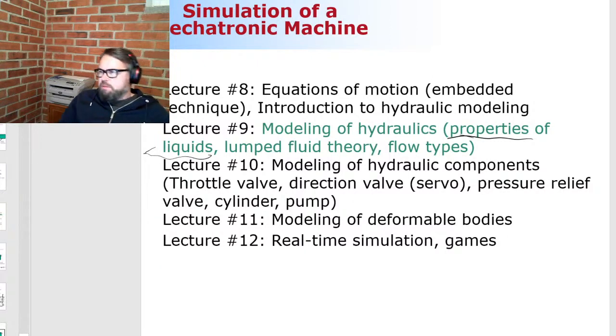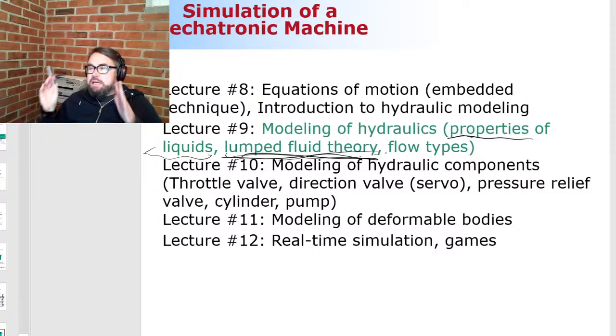Lumped fluid theory will be the next item that I'm about to explain to you. If there is one subject matter from the modeling that you need to know, that is definitely lumped fluid theory.